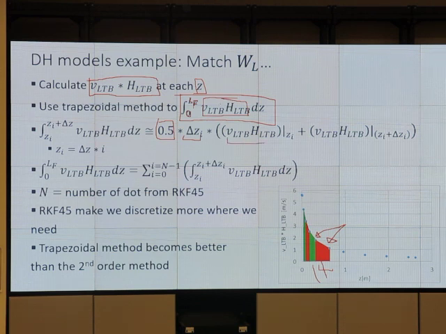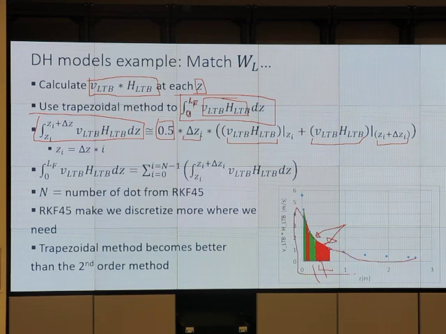So this is v multiplied by h at zi, and v multiplied by h at zi plus delta zi, to get one area. This gives me a small integration. I add them together and get the whole area under the curve of the plot.